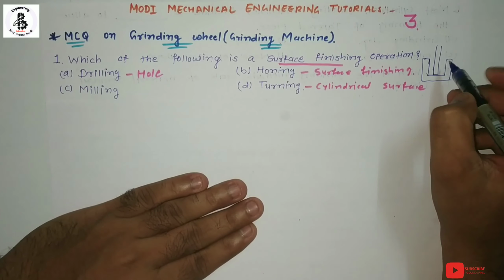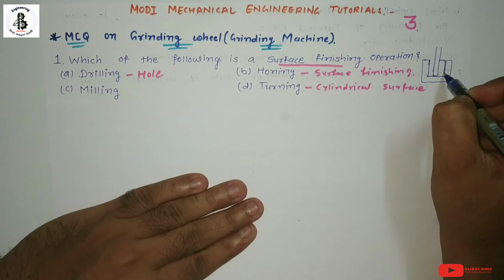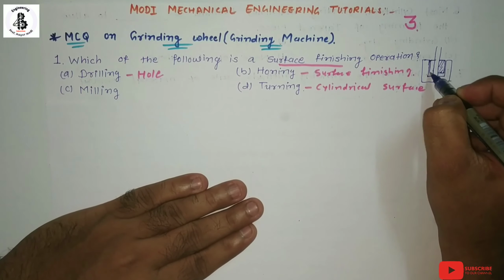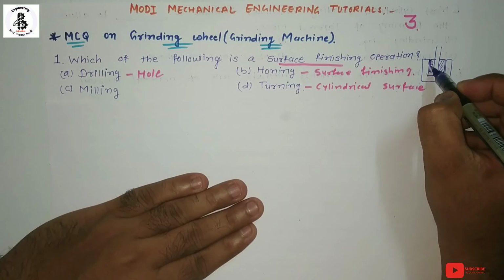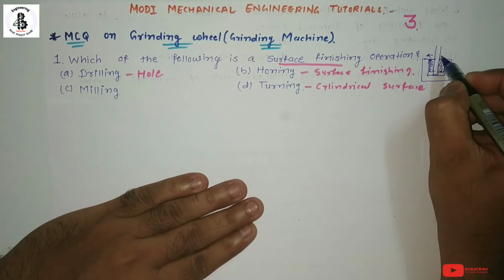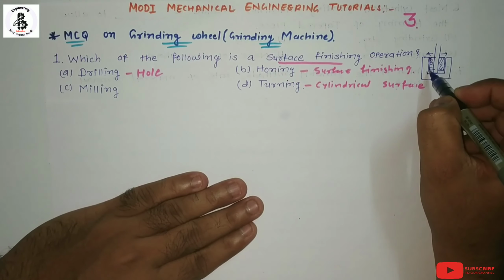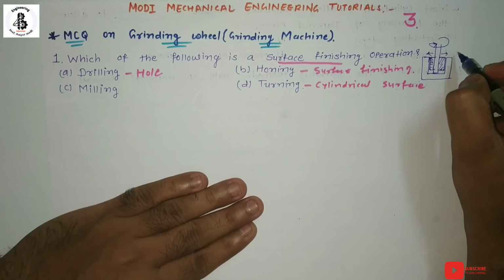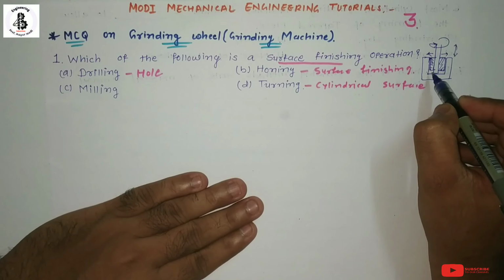On that honing tool the abrasive sticks are mounted with the application of spring force, so they press towards both sides and are fixed onto that internal surface. The tool is rotated as well as reciprocated, so you can easily make the surface finish.